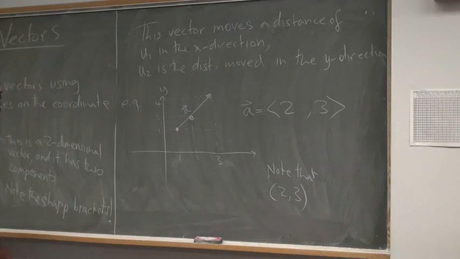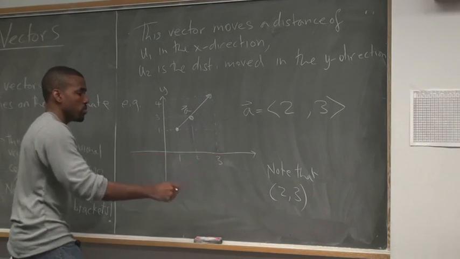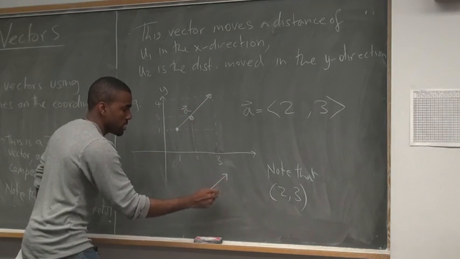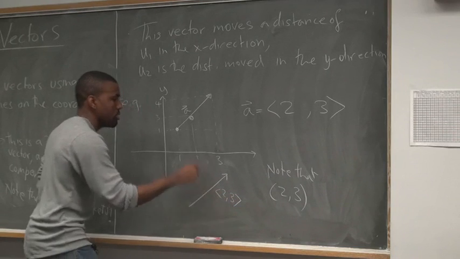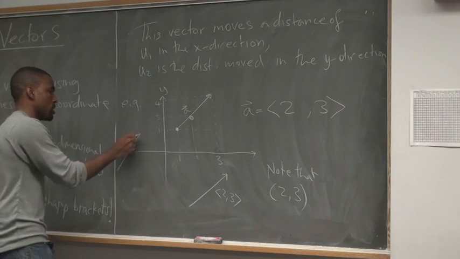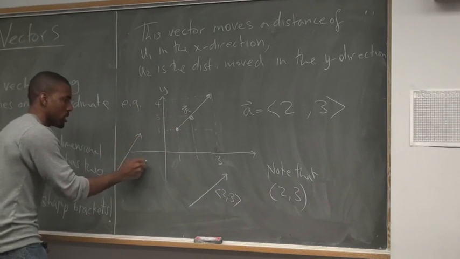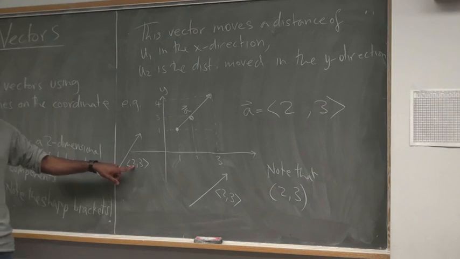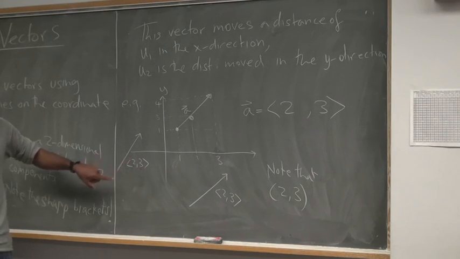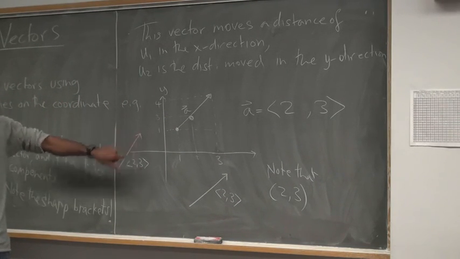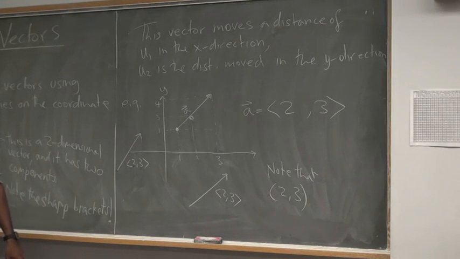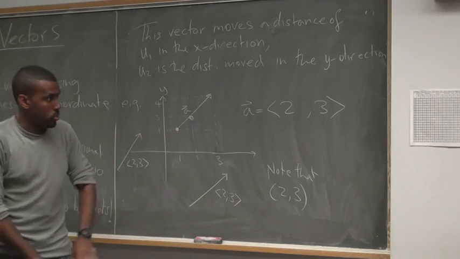And the thing is, this vector you can move anywhere you want. This is still the vector 2, 3. Even if I move it over here, this is still the vector 2, 3, because it's saying I move 2 units to the right, 3 units up. That tells me how to get from the initial point to the end point. And that's how the notation works.